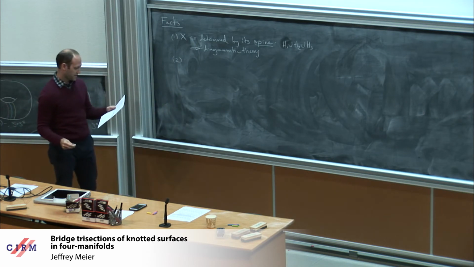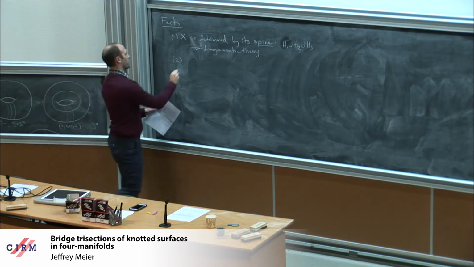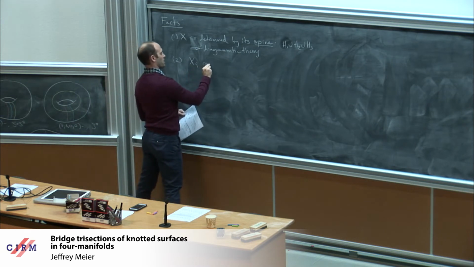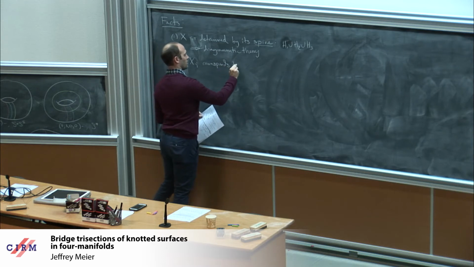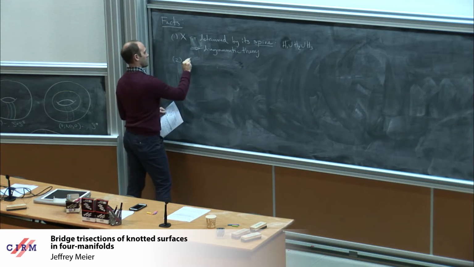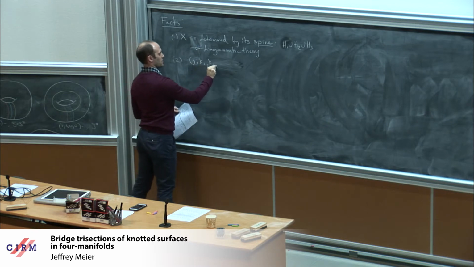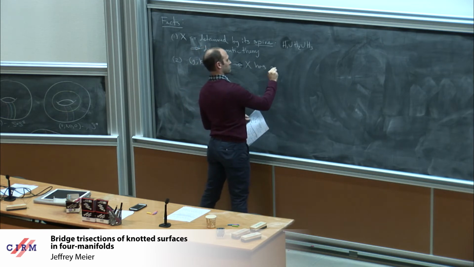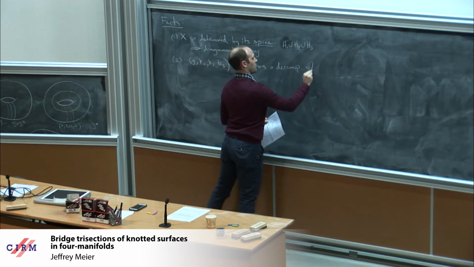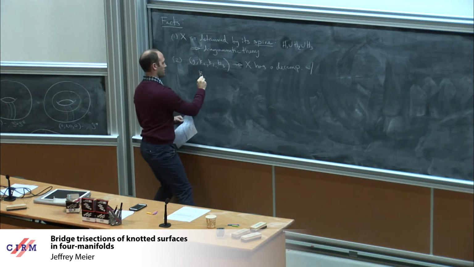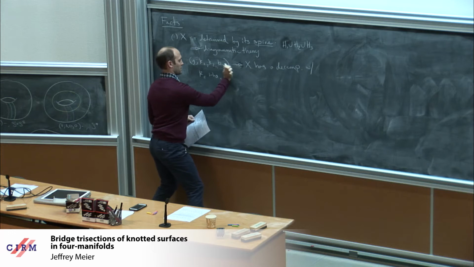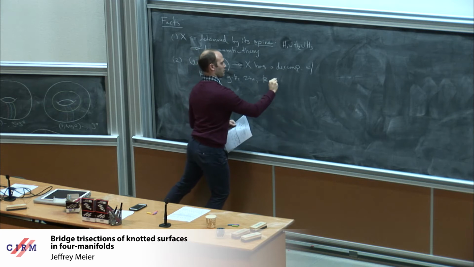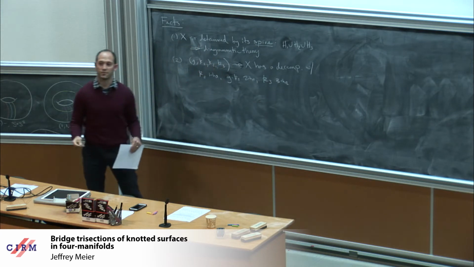The second thing I'll say is that if we have complexity (g, k1, k2, k3), then X has a handle decomposition with k1 1-handles, g minus k2 2-handles, and k3 3-handles, plus a 0-handle and a 4-handle.